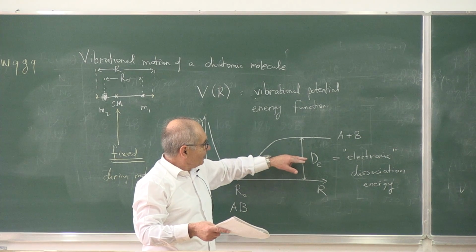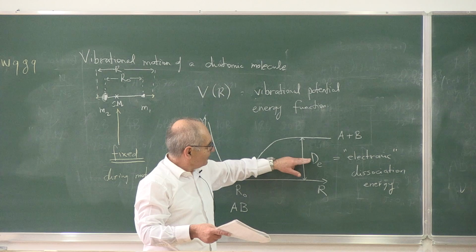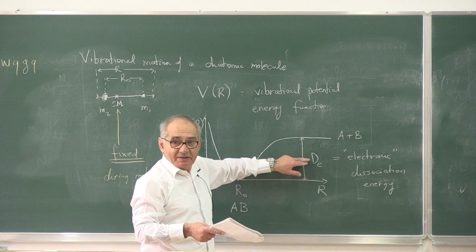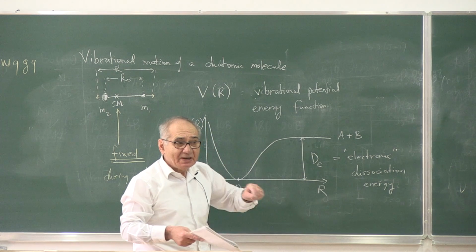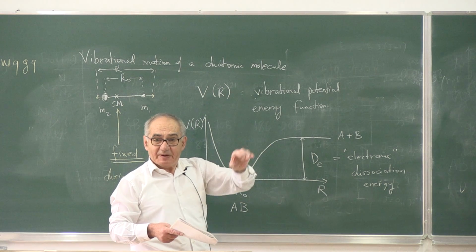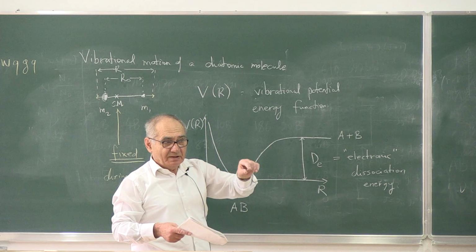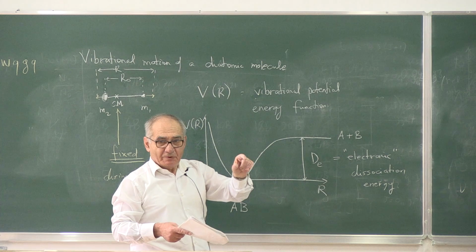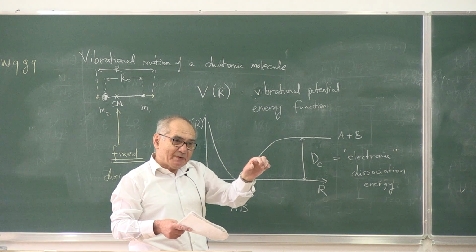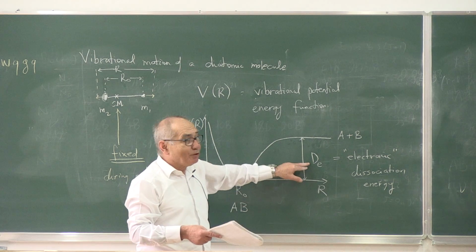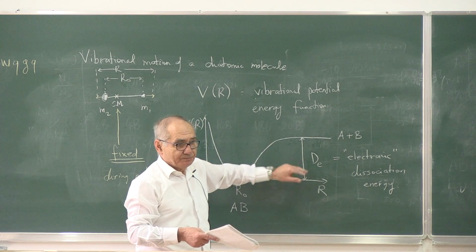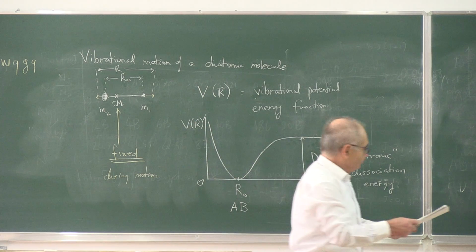It is sufficient to say at this moment that this electronic dissociation energy is larger than the experimental true value for dissociation. In other words, experimental dissociation energy is smaller than this number. We will see why.